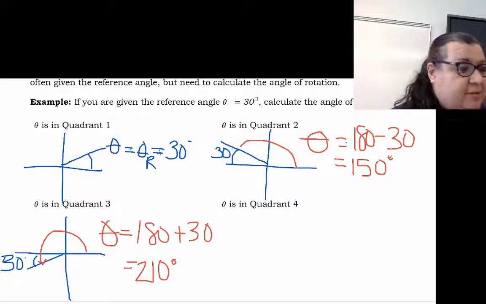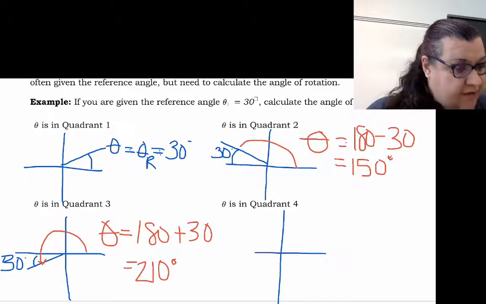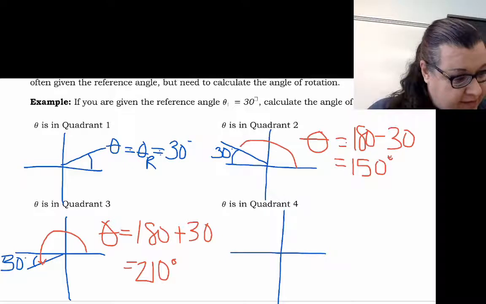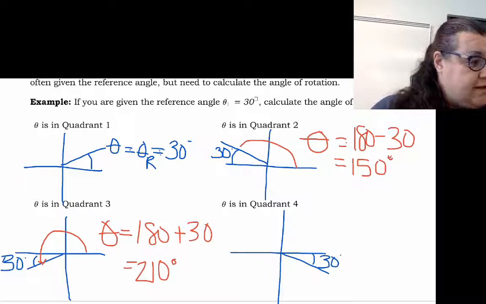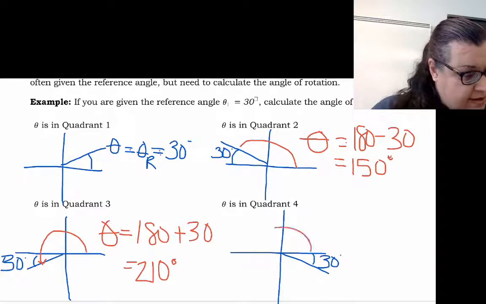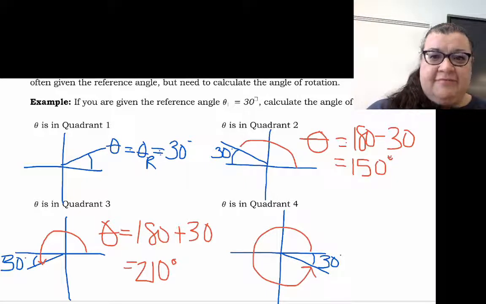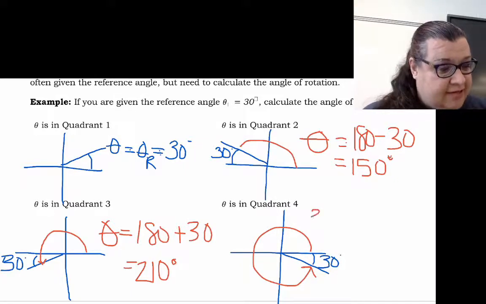And that leaves us with just one final one, which is what if our reference angle of 30 degrees is in the 4th quadrant? That would mean a reference angle of 30 degrees is here. And so what's our principal angle? It's all of this. Well, how do I figure that out? Again, in the picture, I can clearly see that the principal angle and the reference angle make a total of 360.